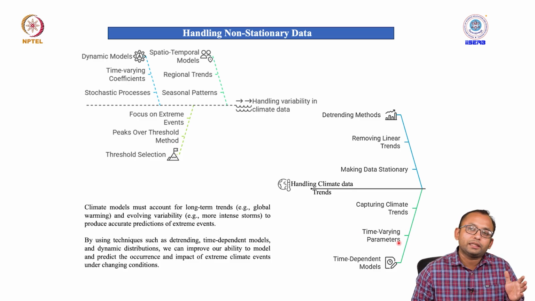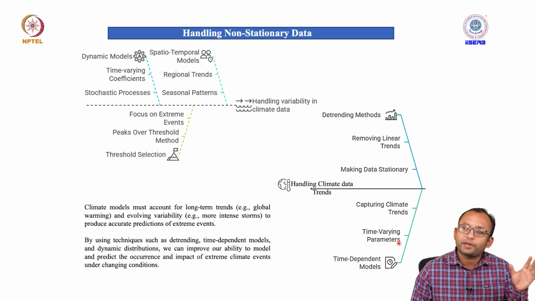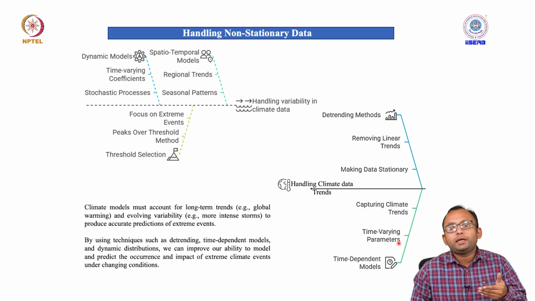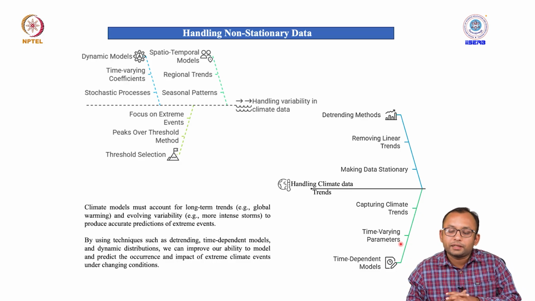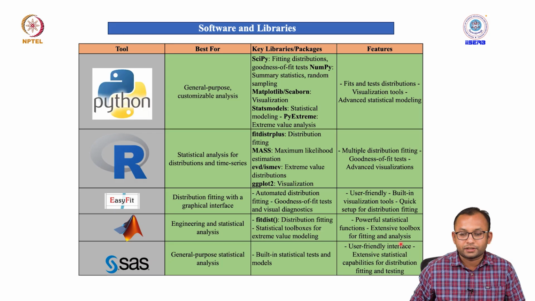For example, initially we talked about how, when we are identifying the probability distribution function, we identify the parameters. Essentially those parameters are constant in nature. But if we consider those parameters as a function of time, they can also evolve through time, and can be considered as time varying parameters for different probability distribution functions.